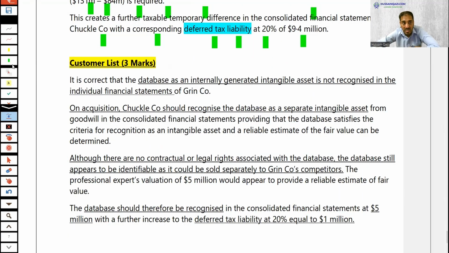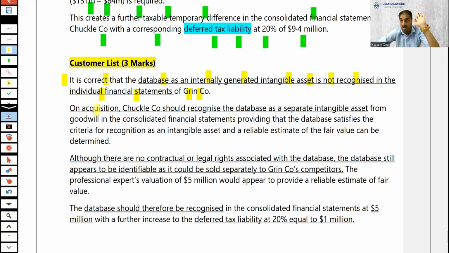About the customer list, come on. It is correct that the database, as an internally generated intangible asset, is not recognized in the individual financial statements of Green Company. Absolutely right.